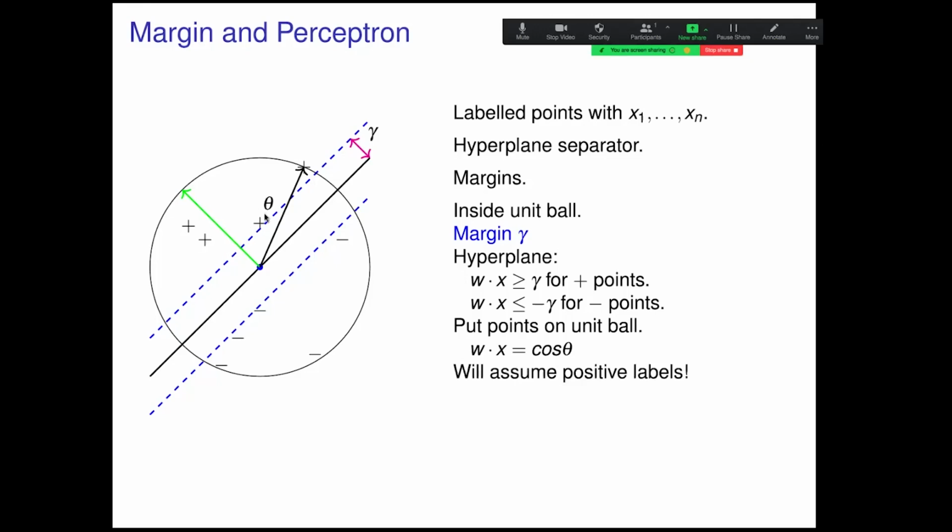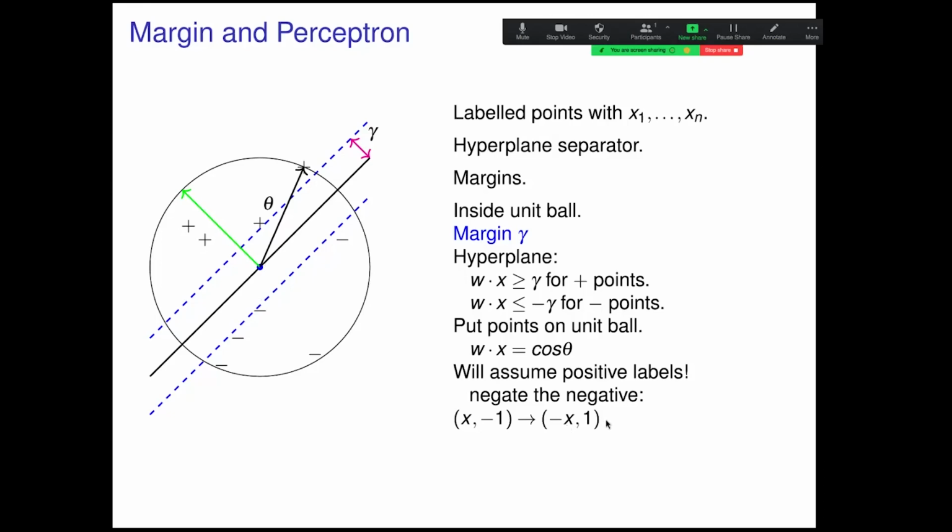Now what we're going to do is assume that we only have points with a positive label. That's good enough because if we throw these out, this is still the only hyperplane that does that. In fact, you can just negate all these points and pretend their coordinates are negative x.